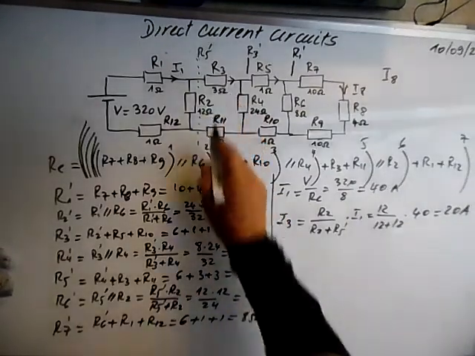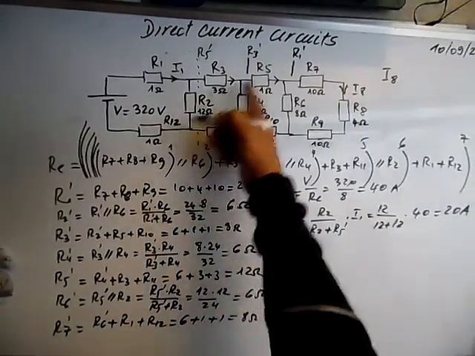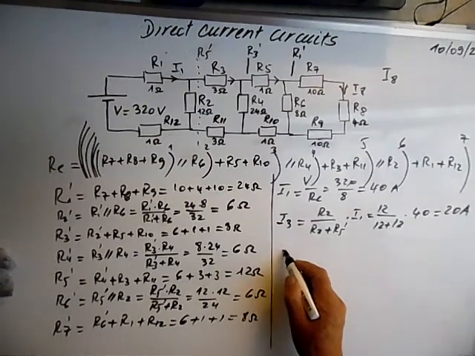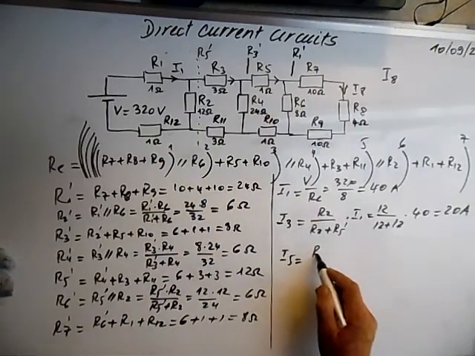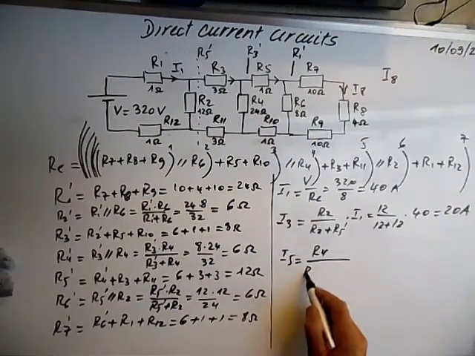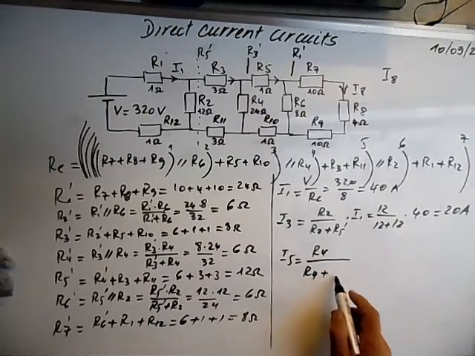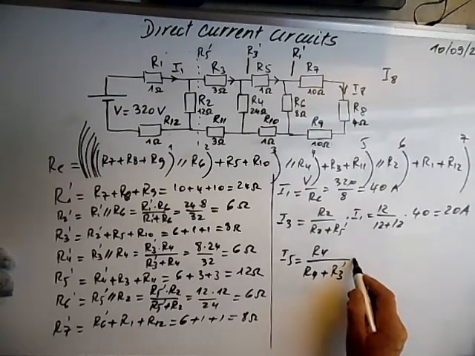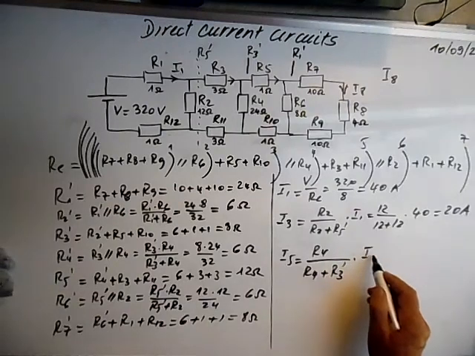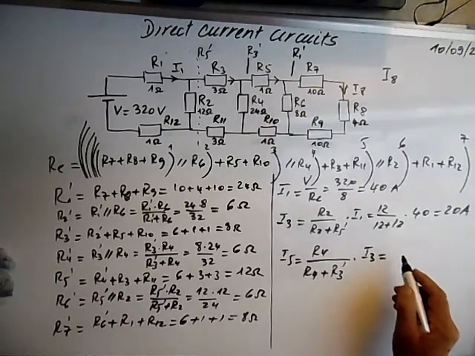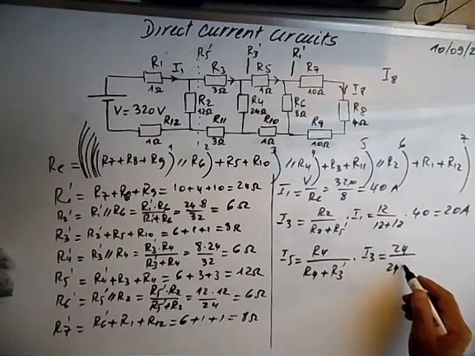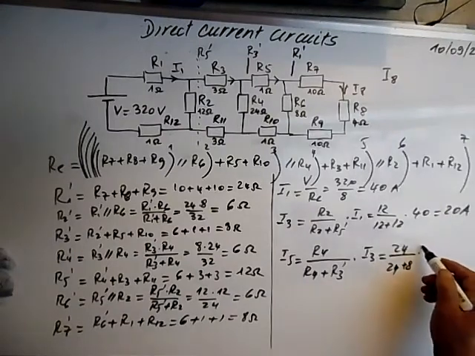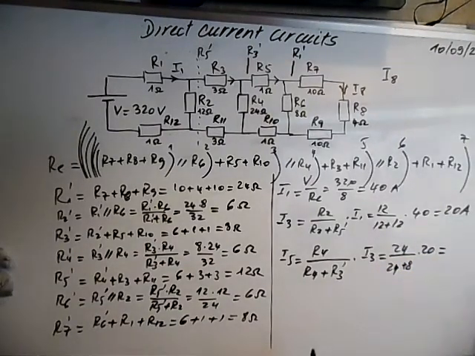Now that we know I3, we can calculate I5, which is equal to R4 over R4 plus R3 prime times the current I3. R4 is 24 over 24 plus R3 prime, 8, times 20, and I5 will be equal to 15 amps.